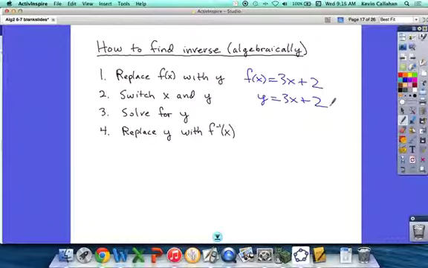Switch the domain and the range. By doing that, you put y in the middle of the right-hand side. It's no longer solved for y, so you have to solve for y. And then you could replace the y with the f minus 1. That will be the inverse.